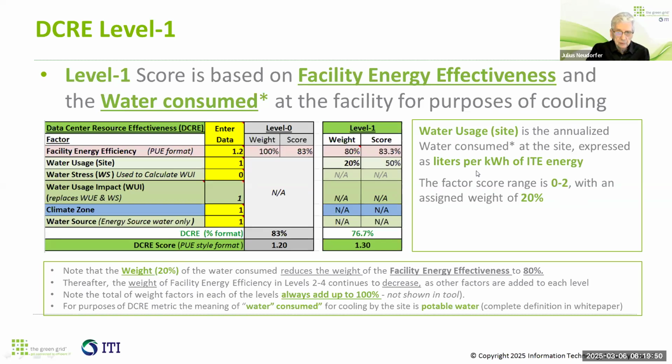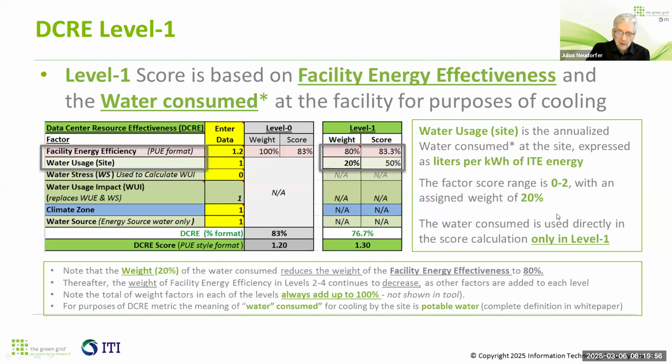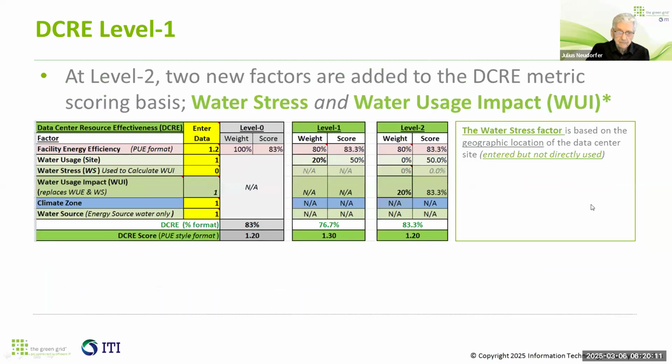I'll try to show you the tool in a little bit. So if I change these, they will impact the remaining scores. And remember, the existing WE standard is only applied in level 1. And as we move through this, of course, it's going to continue to run through the sequence, and I'll show you that in a little bit.